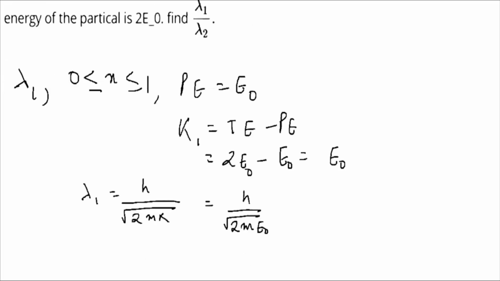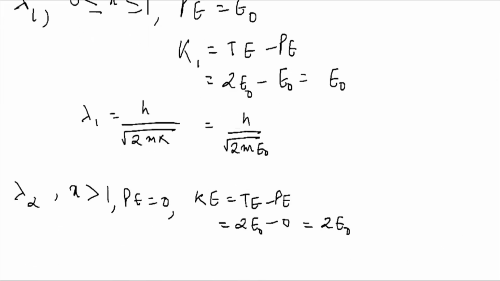Now for lambda 2, we can say x is greater than 1, where the potential energy is 0. So the kinetic energy will be total energy minus potential energy, which is 2 times E naught minus 0, that is 2 E naught.